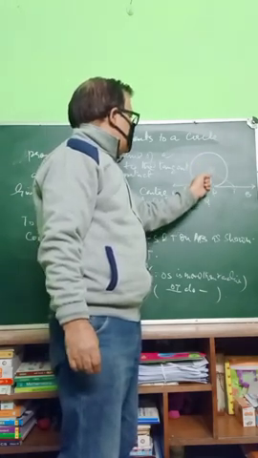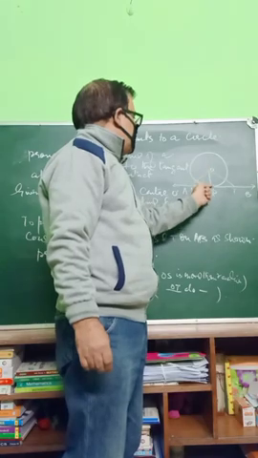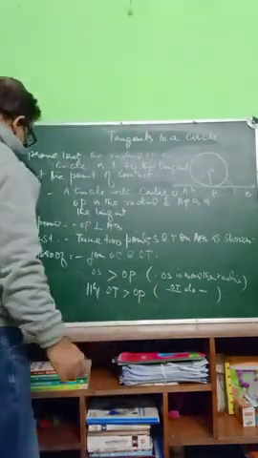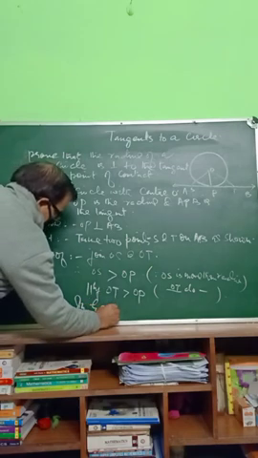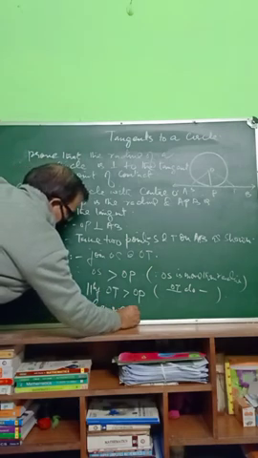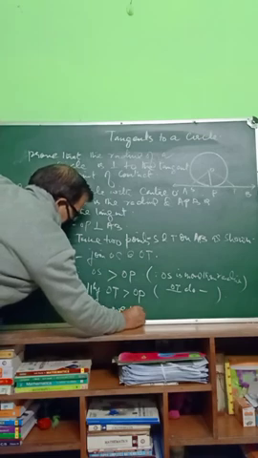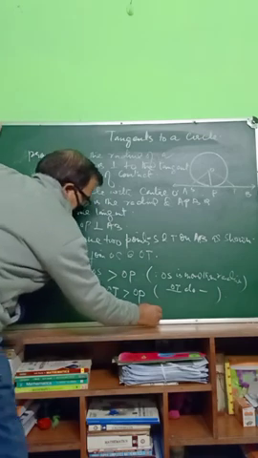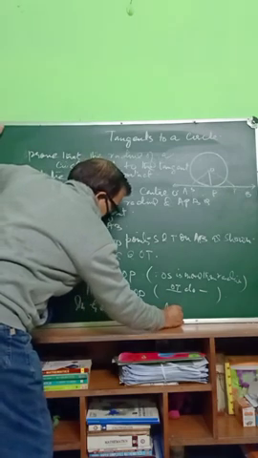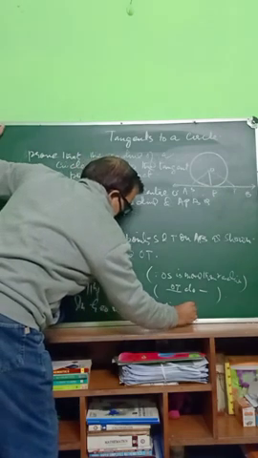As we know, in geometry the perpendicular distance is always the shortest distance.